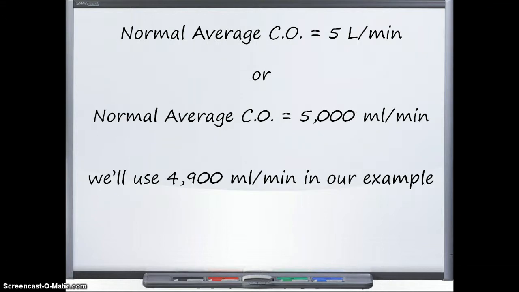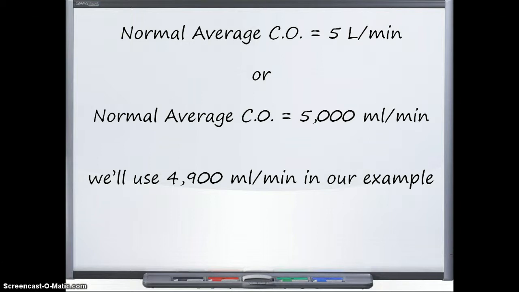The normal average cardiac output for an adult human being is said to be about 5 liters per minute, which equates to about 5,000 milliliters per minute, there being 1,000 milliliters per liter. So the normal cardiac output is generally described as about 5,000 milliliters per minute.